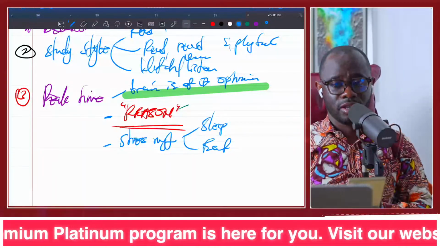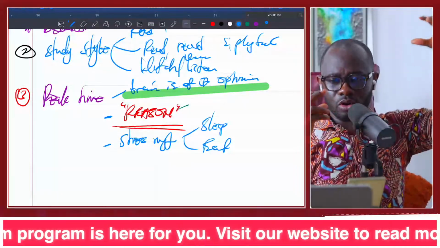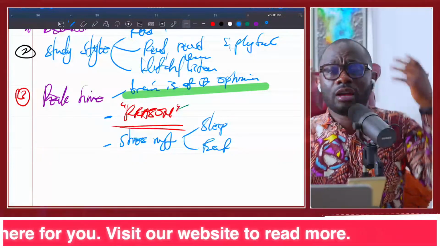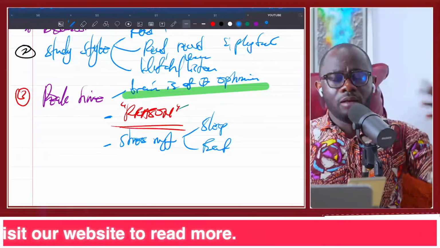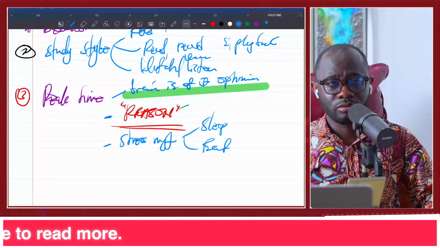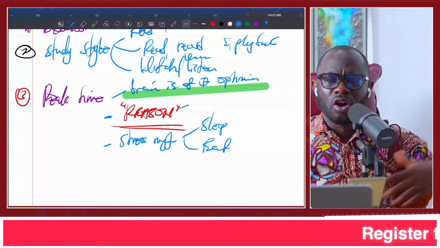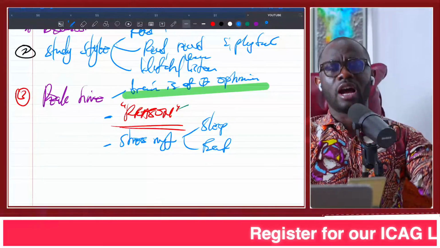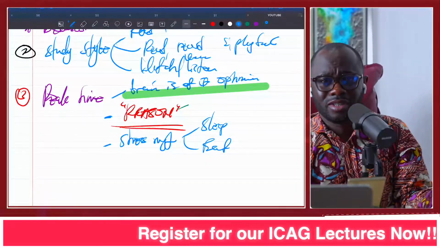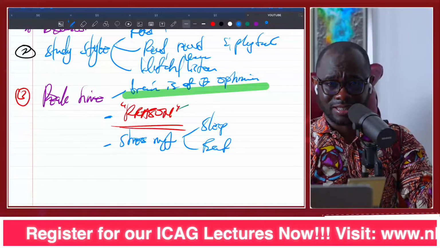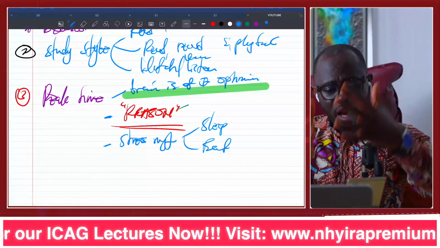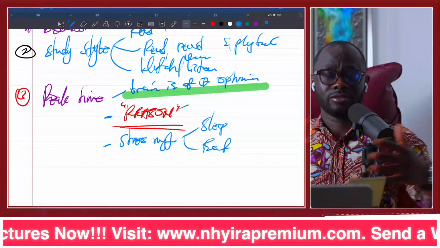Very important. And your peak time could also be influenced by your stress. Sometimes you will say, okay, my optimum time is learning at dawn. Good. But you wake up and you still feel body pains all over. You can't even get up from the bed. That's stress. That's tiredness. So you need to learn to manage stress.